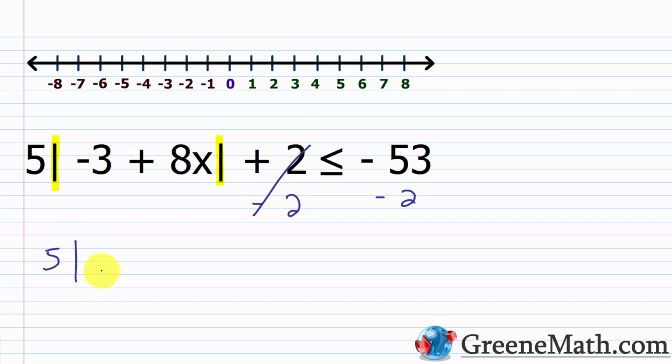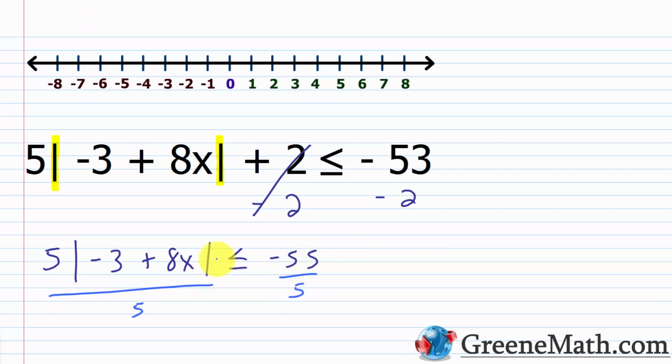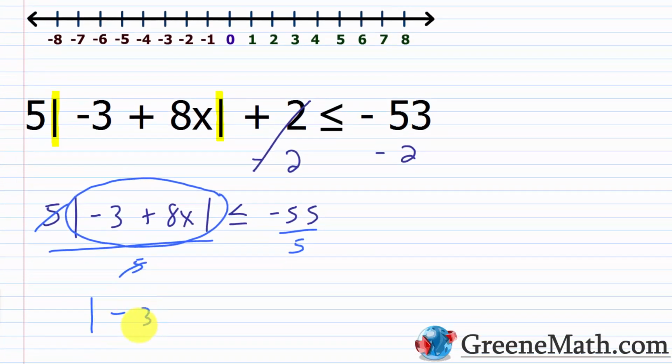I'll have 5 times the absolute value of negative 3 plus 8x, and this is less than or equal to negative 53 minus 2, which is negative 55. So now let me divide both sides of the inequality by 5. So again, I can isolate this part right here. This will cancel with this, and I'll have the absolute value of negative 3 plus 8x is less than or equal to negative 55 over 5, which is negative 11.